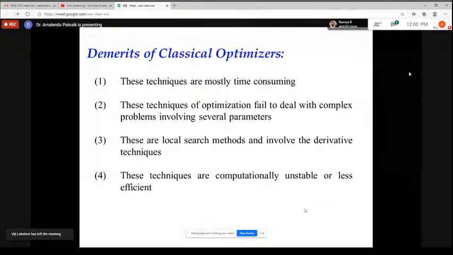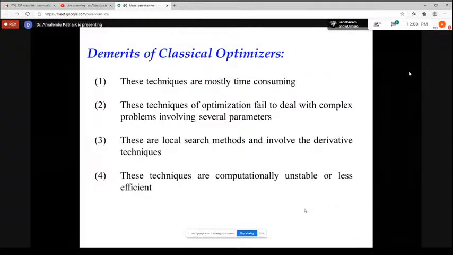With the increase in the number of parameters, the problems increase, and in those cases it is very difficult to apply the classical optimization techniques. These are local search methods and involve derivative techniques.